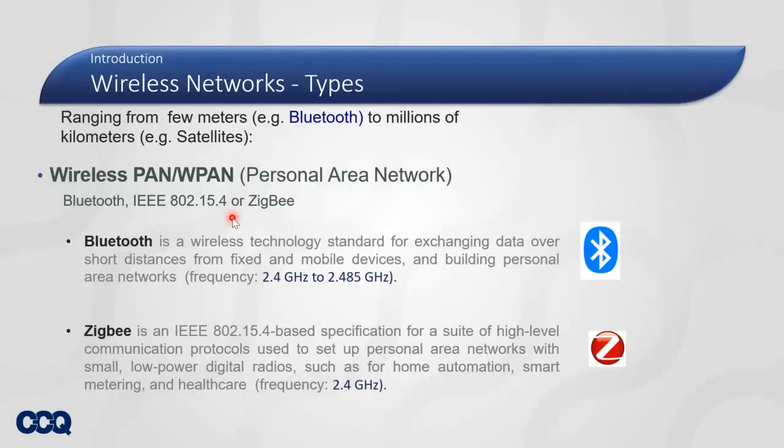Bluetooth is a well-known wireless technology used for general short-range data exchange, and it operates between 2.4 and 2.485 gigahertz. Zigbee is designed for low power, low data rate applications such as home automation.